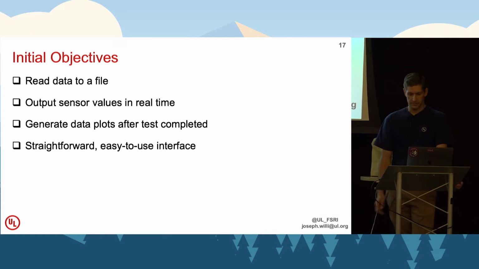And so the initial objectives we came up with was basically we wanted this to be able to read in a data file and then output the sensor values in real time and generate plots after the test was completed. And the interface should be straightforward and easy to use.